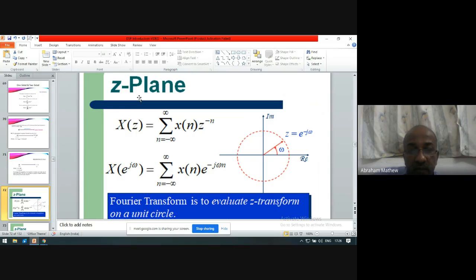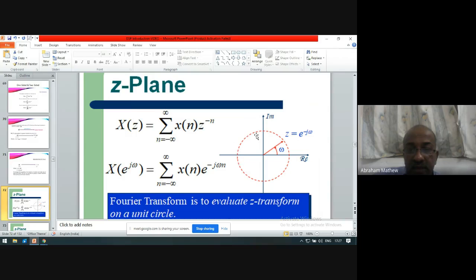Then we must know the Z plane that is associated with Z transform. Here you can see an imaginary part and a real part, x and y axis. The x axis represents the real part and the y axis represents the imaginary part, IM.